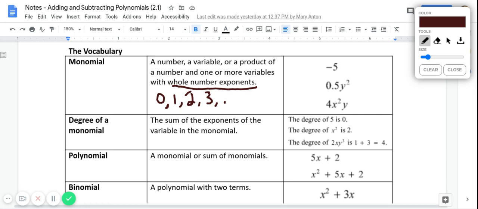It just keeps going and going. And remember, this only applies to the exponent. So monomial means one. This is one term. You see how each of these three examples, -5, 0.5y squared, 4x squared times y, you're not adding or subtracting anything, like in these examples below. You only have one term.